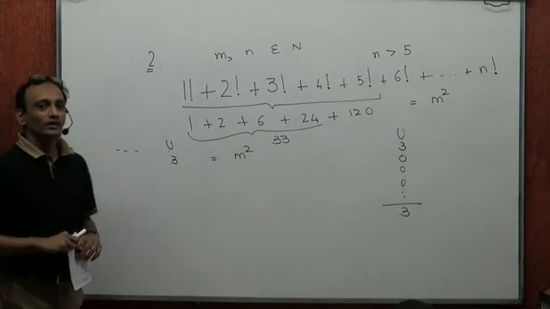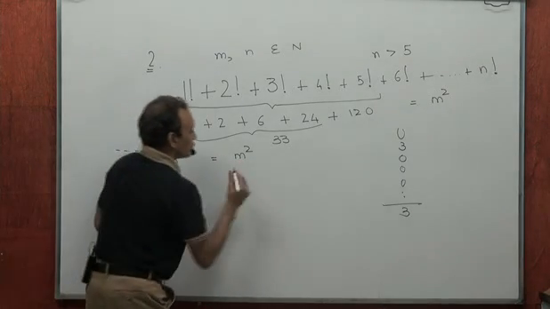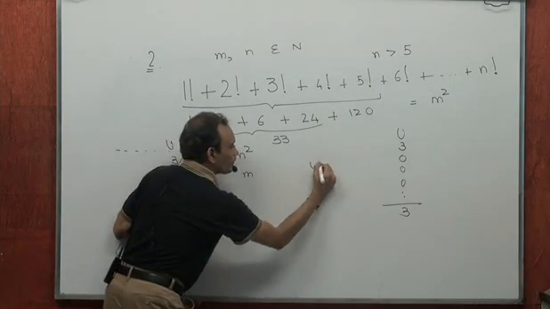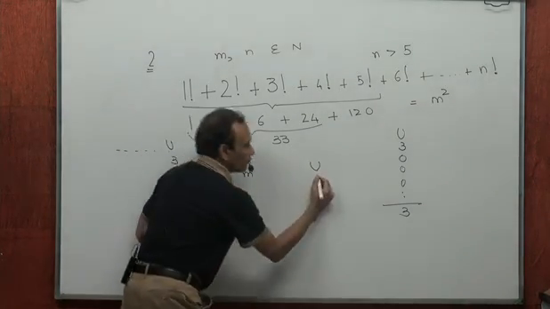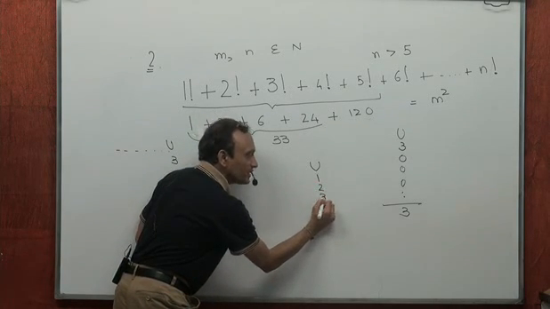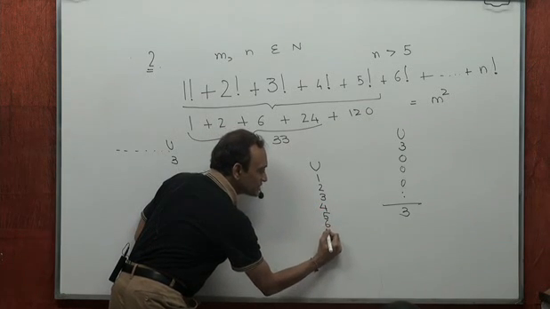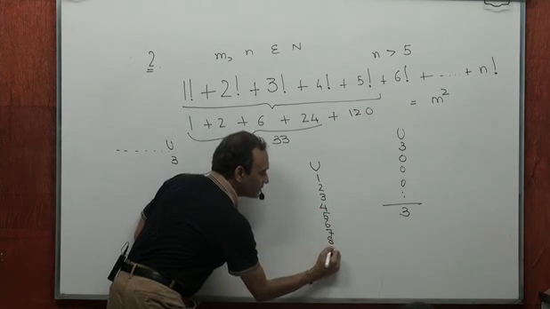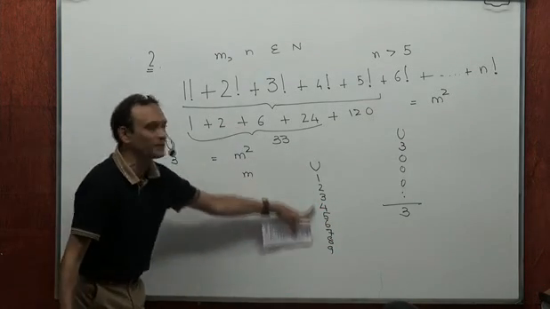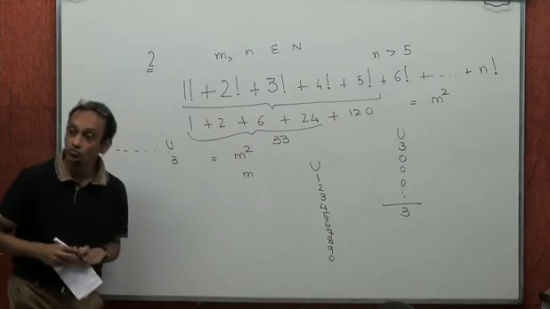Now, this m is a natural number. M in its units place would either have 1 or 2 or 3 or 4 or 5 or 6, 7, 8, 9, or 0. These are the possibilities of the units place of m, isn't it?